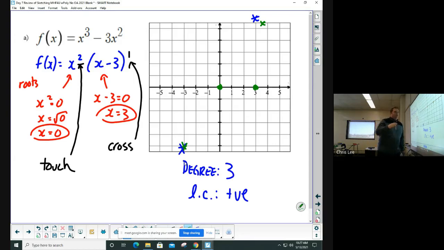So imagine yourself what it looks like. Try and imagine it coming up and touching at 0 and crossing at 3. Do your little sketch, and then I will reveal what it might look like.